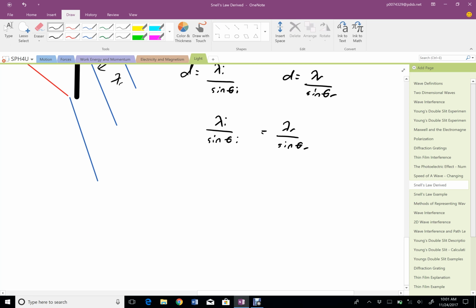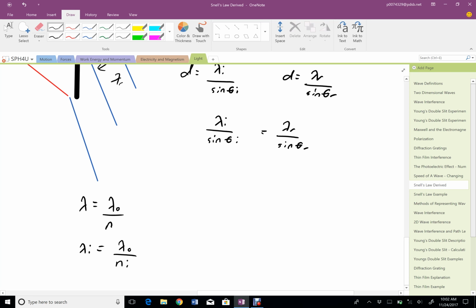First of all, recall that changes in speed have to be done by the wavelength. So the wavelength is equal to the wavelength in free space divided by the refractive index. So lambda I, for example, would be equal to lambda naught divided by the refractive index n_i, and that can be done for the wavelength in the refracted medium as well.